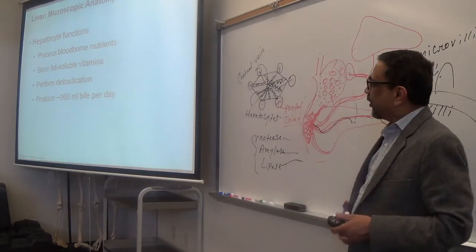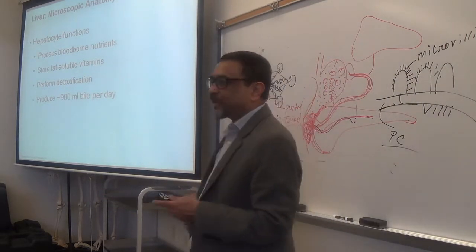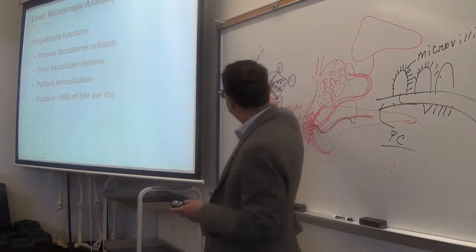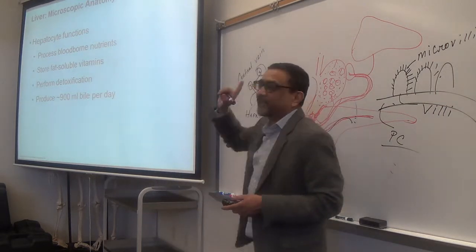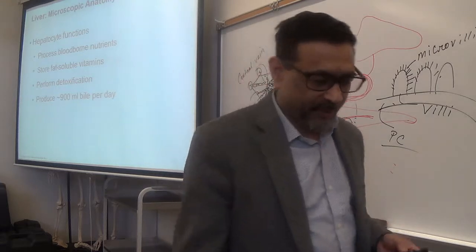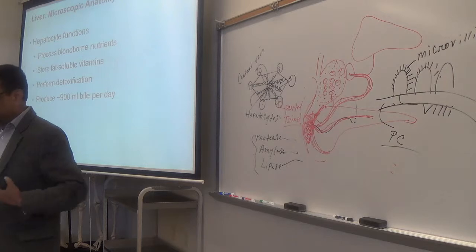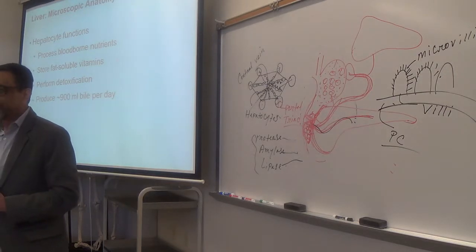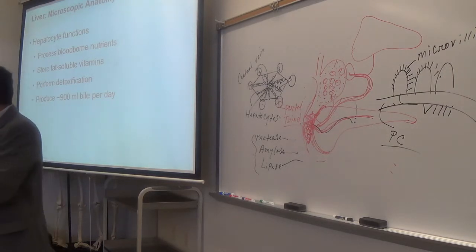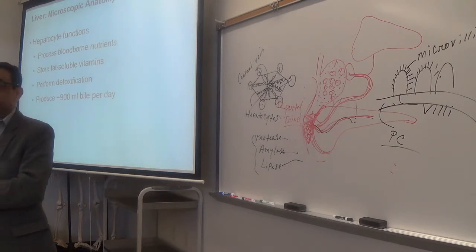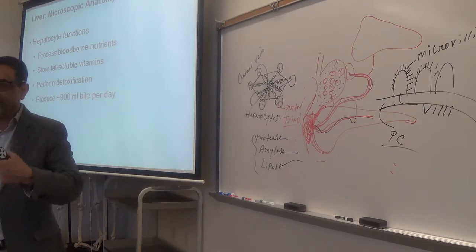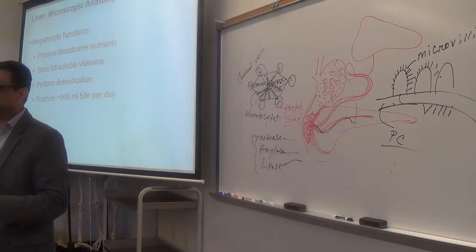Okay. Now, the functions of hepatocytes, the cells of the liver. The hepatocytes process the nutrients. How many of you remember after absorption of nutrients, I told you that nutrients go where? To the liver. Because first processing of nutrients occurs in the liver. Remember that?